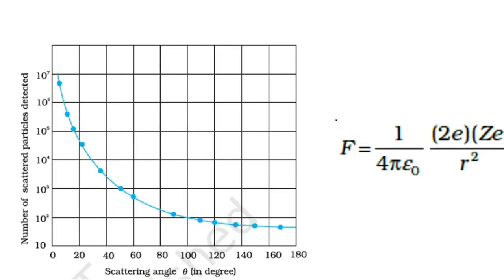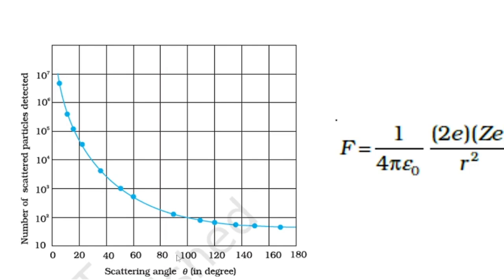When we plot the number of scattered particles with respect to their scattering angle, this graph typically shows that the majority of the scattered particles are undeflected.